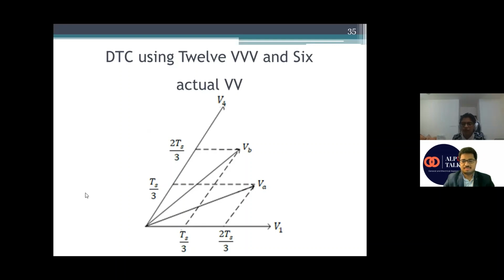Similarly, with other active vectors, I can make two virtual vectors in each sector. That is how I get my 12 virtual voltage vectors along with the 6 actual vectors, so I am applying a total of 18 voltage vectors in my lookup table.